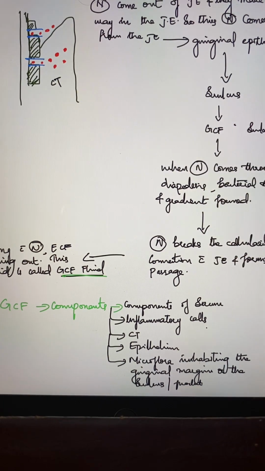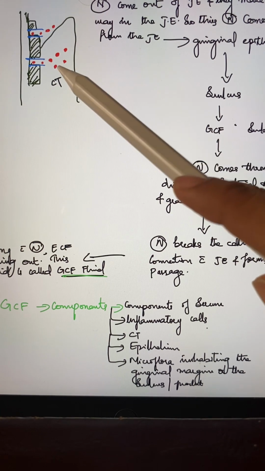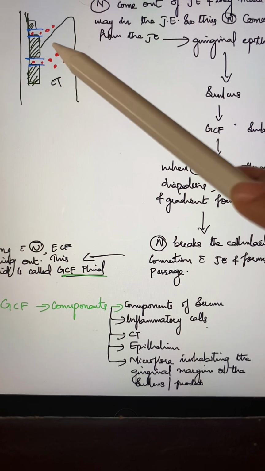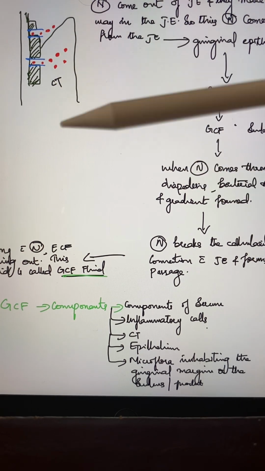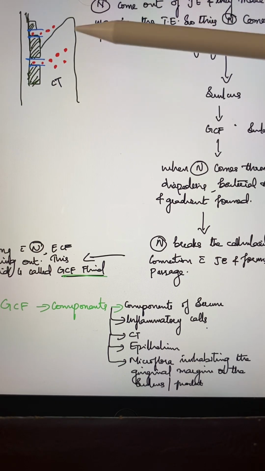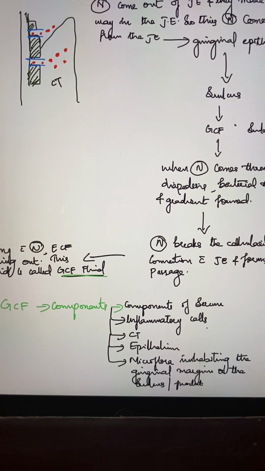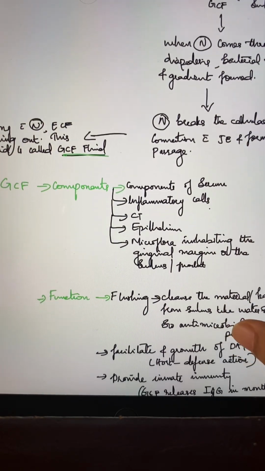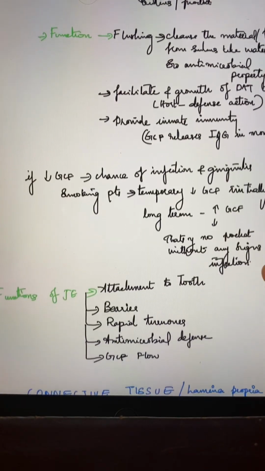When the neutrophils come out, this process is known as diapedesis. When neutrophils come through by diapedesis, bacterial antigens and a gradient are formed. The neutrophils break the cellular connection with the junctional epithelium and form a passage, and along with the neutrophils, extracellular fluid also comes out. This fluid is known as gingival crevicular fluid.